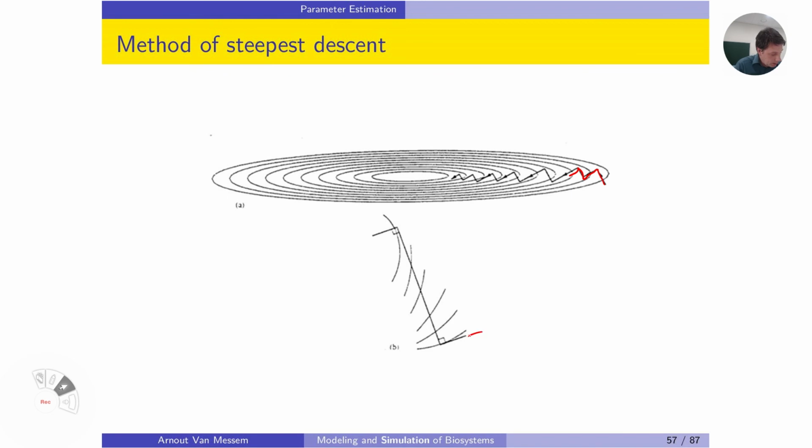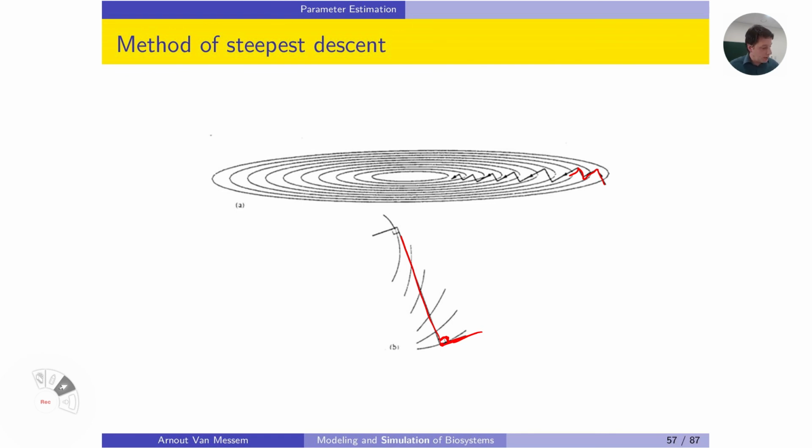In detail, this is specifically for a linear problem, where my contour lines correspond to ellipses. I arrive here, and then it touches. I look for a new direction of steepest descent. What you will note is that it is a perpendicular direction in the linear case. Not in the nonlinear problem, but in a linear problem it will be a perpendicular direction.